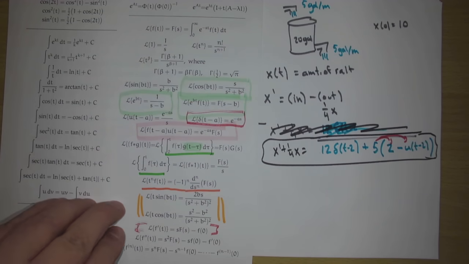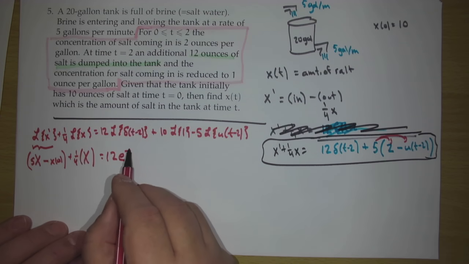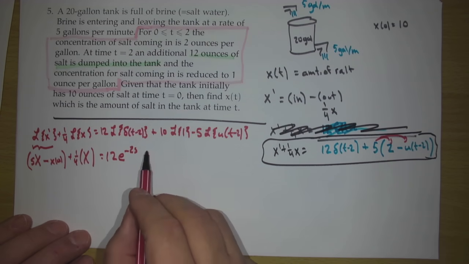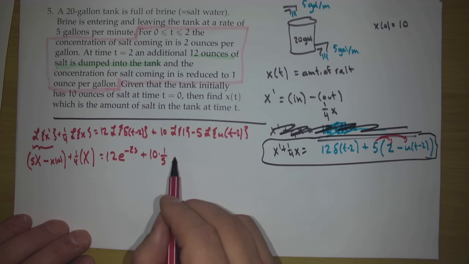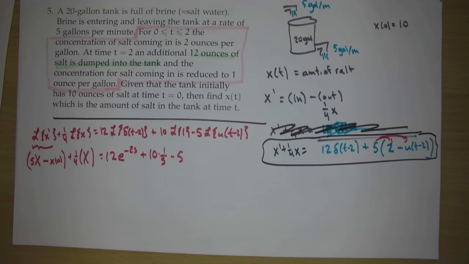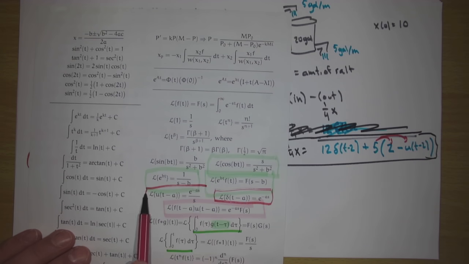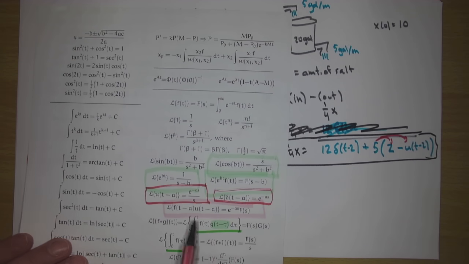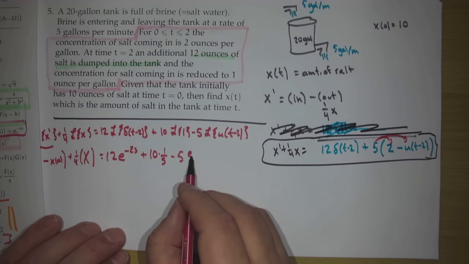So delta t minus a would be, in our case, e to the minus 2s. And Laplace of 1 is 1 over s. And Laplace of u of t minus 2, well, that's actually on our formula sheet as well, right next door to the delta. So u of t minus 2 would be e to the minus 2s over s.